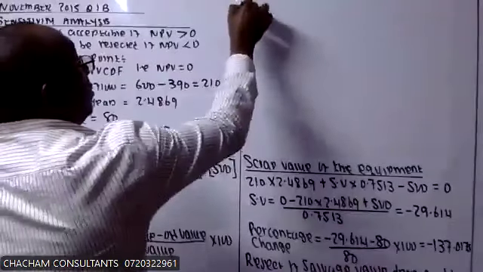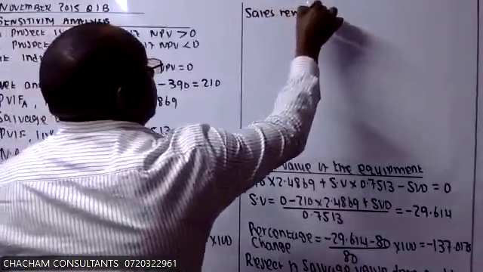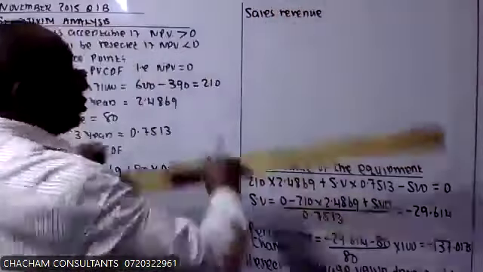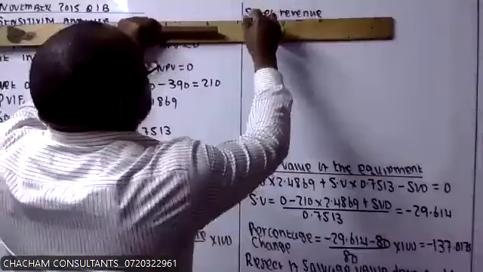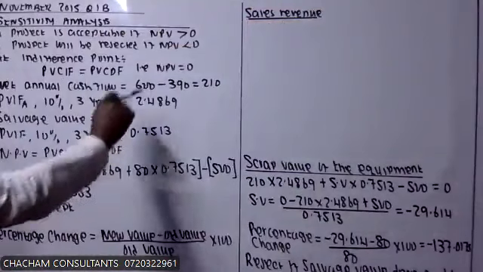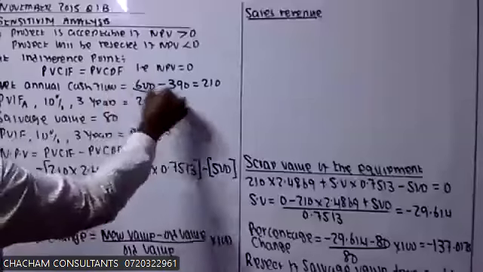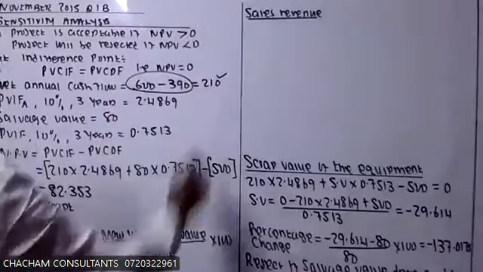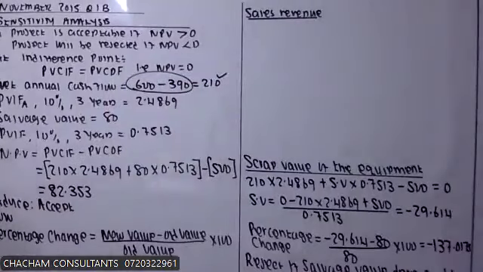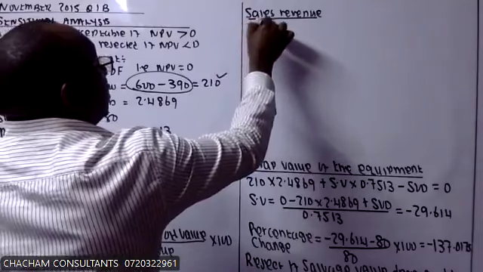Let's see what happens to sales revenue. Now, for us to work the sales revenue, itabidi tuanzie huku. Ndio hii. Now this one is the one that gave us this 210 yenye tumekuwa tukitumia. So I'll simply come here and say revenue minus 390.